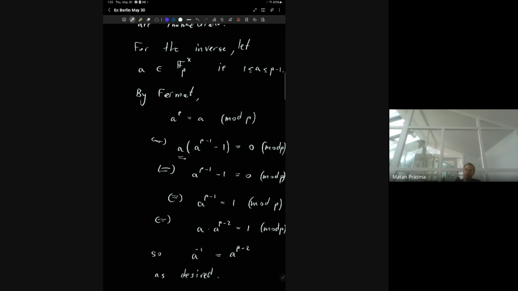As I said earlier, by convention, if we don't know anything about the binary operation, but we only know that it is abelian, we write it as a plus. If we know the details, like here with F_P star, we know the binary operation is multiplication modulo P, so we're not going to write it as addition. This is going to cause a lot of confusion.